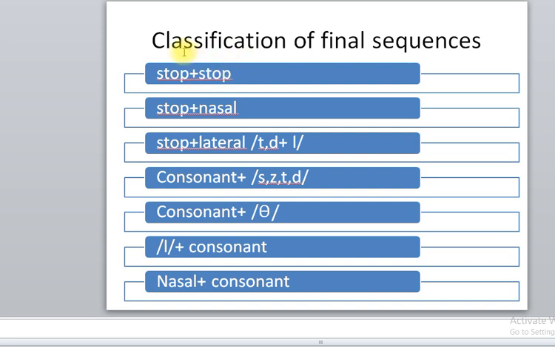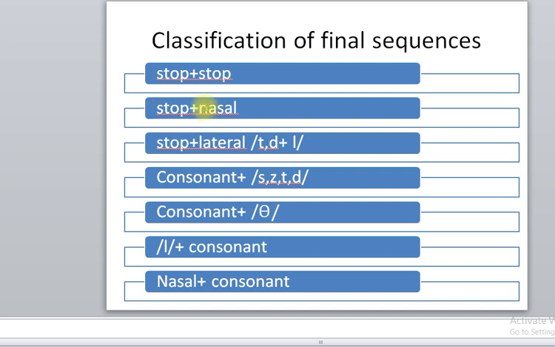So the writer tries to classify the final consonant sequences. He classified them because this classification is important. It is not done just randomly, because sometimes with the case of a stop, for example, here we have missing explosion. If you remember, we talked about this missing explosion.